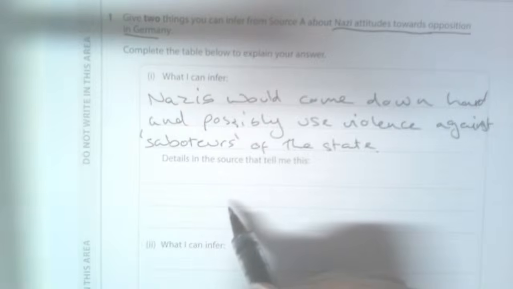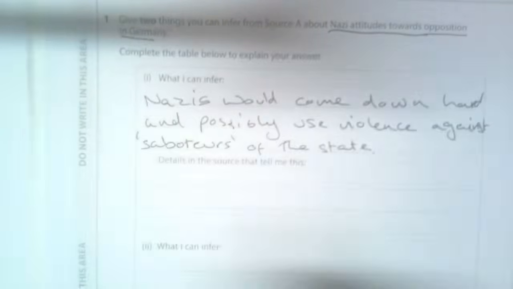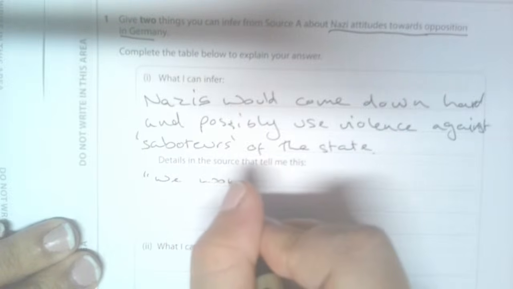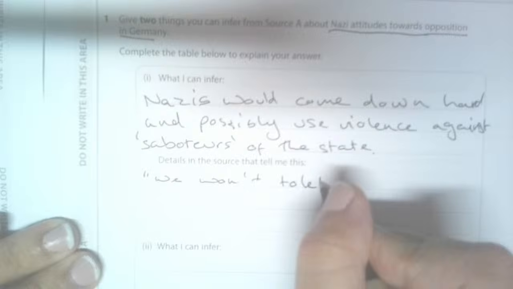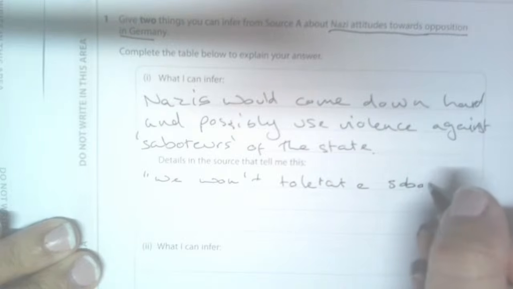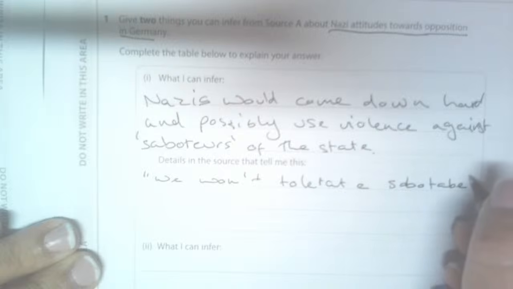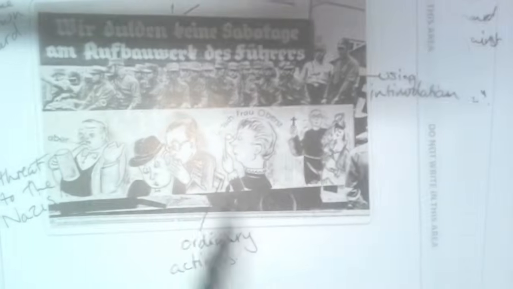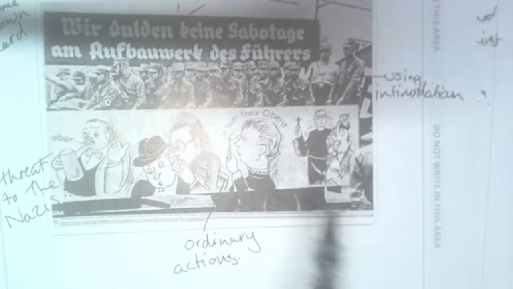Details in the source that tell me this? Well, how do I know this? Because their banner reads, "We won't tolerate sabotage." I'm just going to quote it. Okay, so now I need another inference. What can I infer? I'm going to go with the ordinary actions.